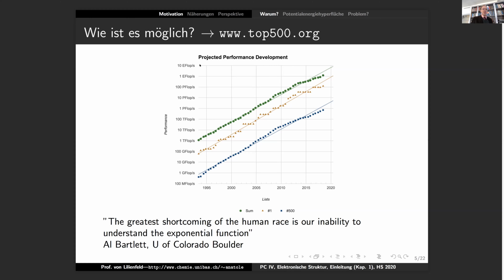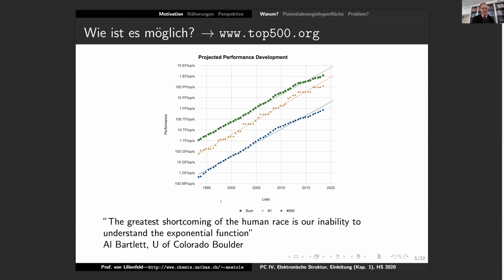And so you see here the performance of the computer in flops. So these are floating point operations per second. And we are going from mega to giga to tera to peta to exaflops. And you see that the scale here is logarithmic. So it's an exponential thing. Every inch, it's a factor of 10, while time is linear.